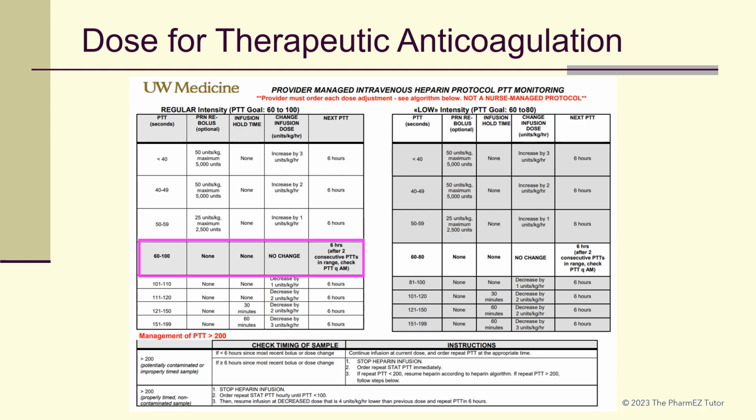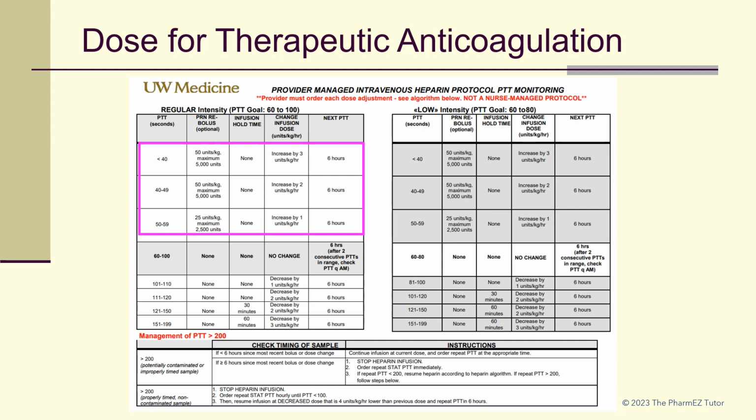You can see, as stated in the protocol, that if the aPTT is in the therapeutic range of 60 to 100 seconds, no change in the rate should occur, and the aPTT should be rechecked after 6 hours. If the aPTT is below 60 to 100 seconds, this means the patient is subtherapeutic and requires additional heparin.